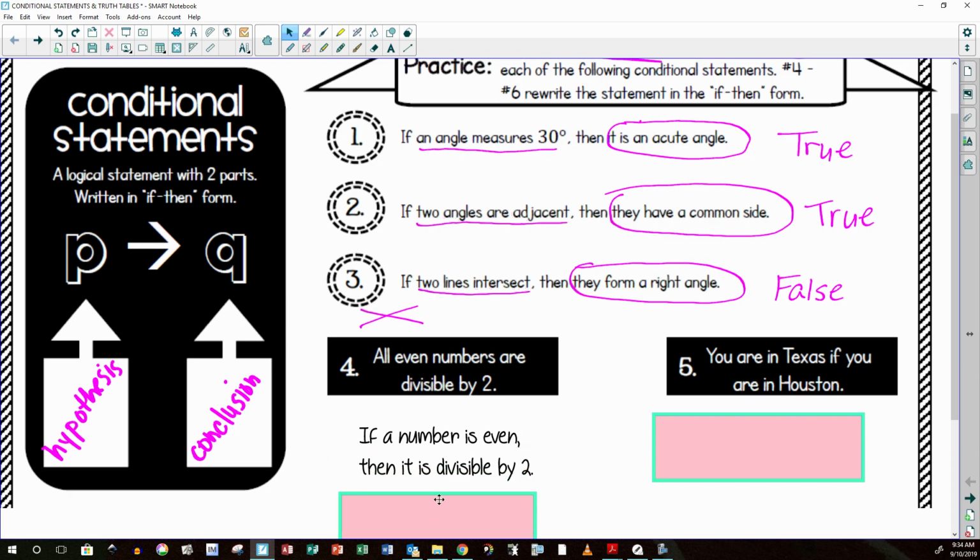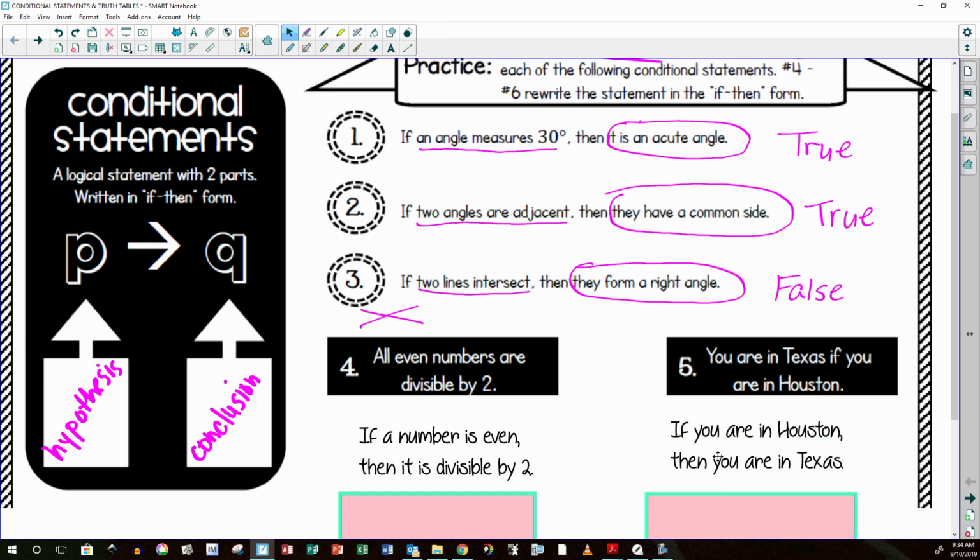If a number is even, then it is divisible by 2. What about you are in Texas? If you are in Houston. So see how it says if you are in Houston? It's telling you the P portion of your statement. So I would say if you are in Houston, then you are in Texas.